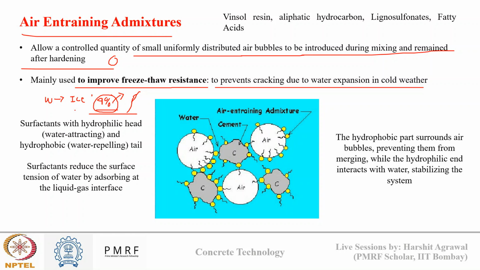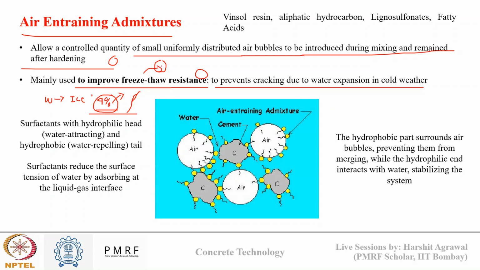And to sort out this problem, we have air entraining admixtures that are introduced inside concrete. So what do these admixtures do? They increase the quantity of air voids inside concrete, which can accommodate any kind of expansion that is happening. So when there is expansion, these air voids will provide the space to bear that pressure.